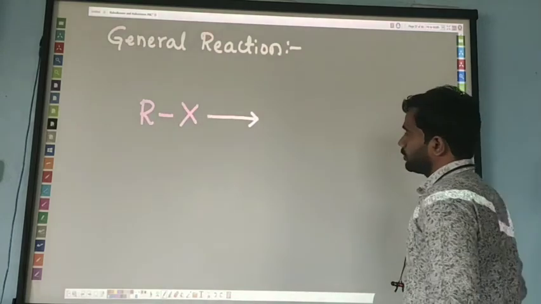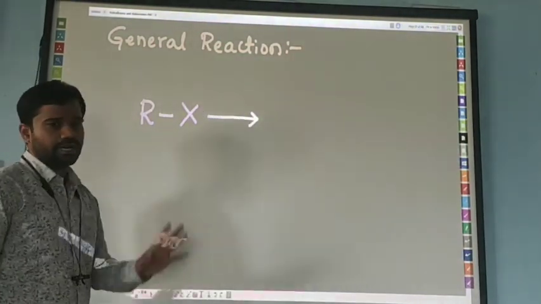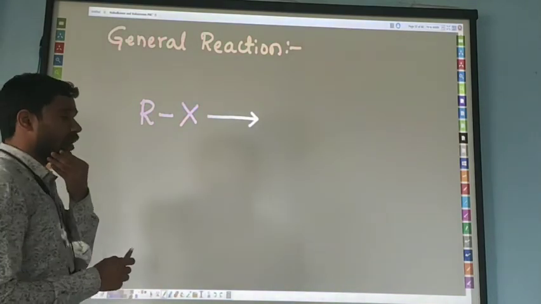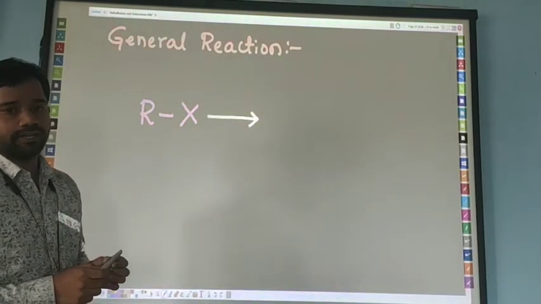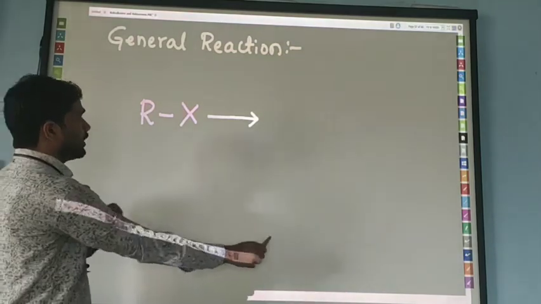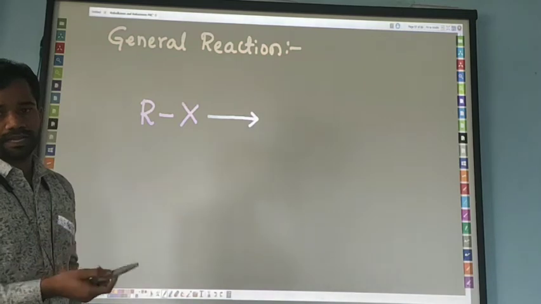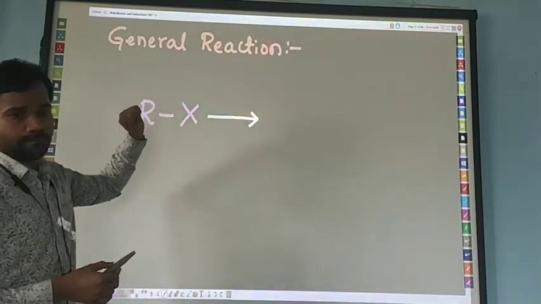We already know that we have the alkyl halide, and the halogen element possesses higher electronegativity compared to the alkyl group. Before starting the mechanism, let me give the general reaction of the SN1 mechanism.